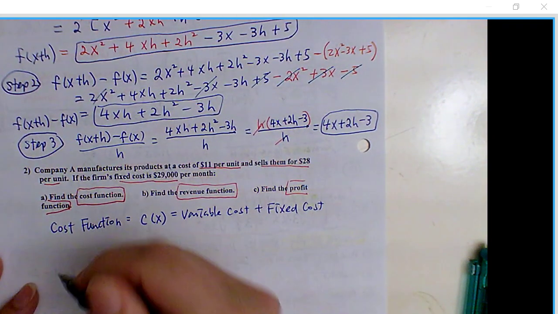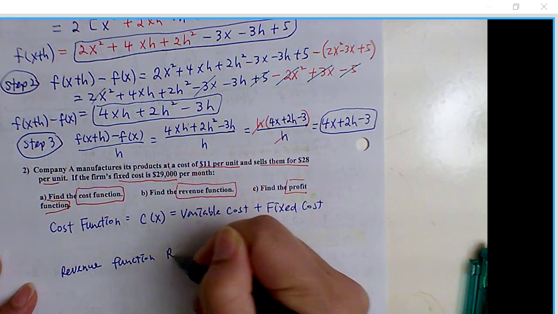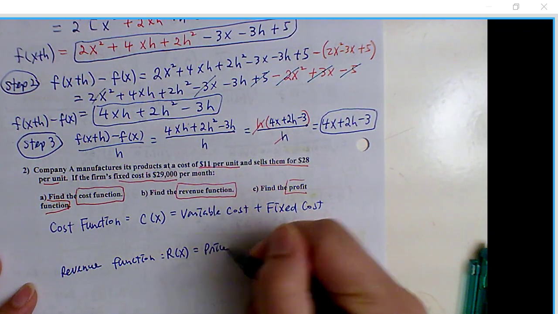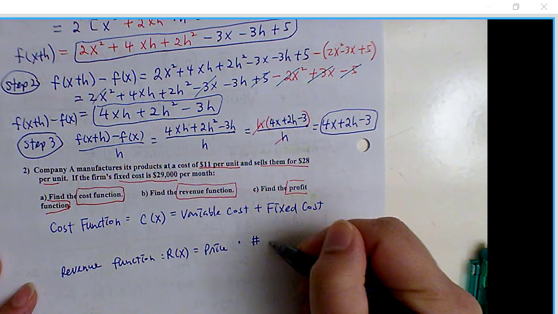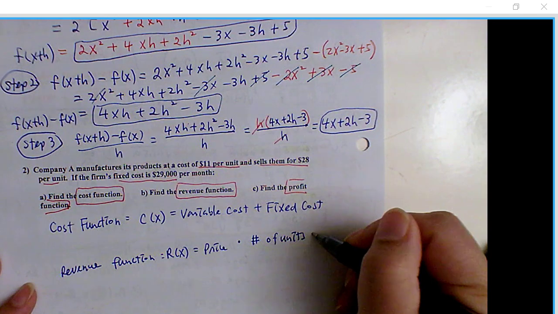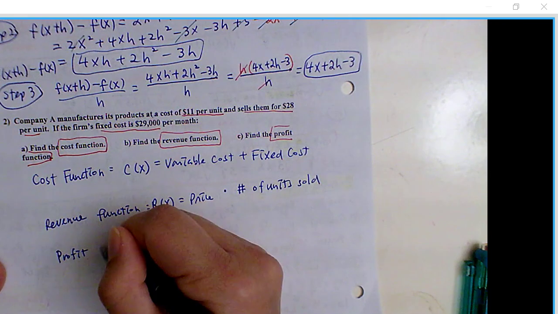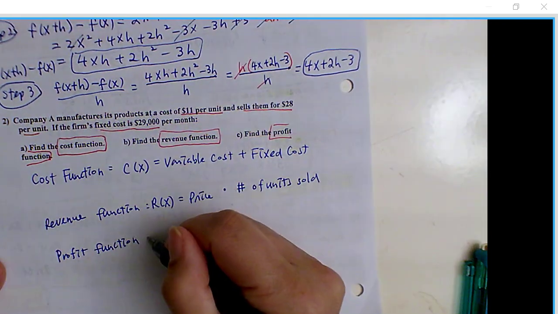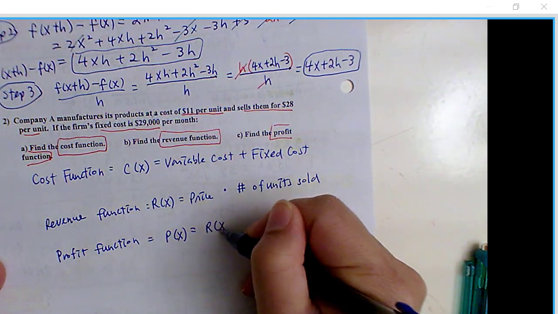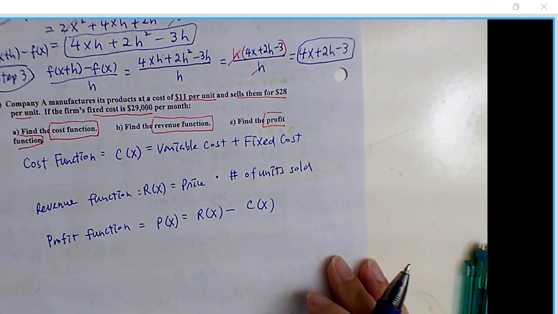And then for the revenue function, which is R of x, will equal price multiplied by number of units sold. Okay, and the last one would be the profit function, which will equal P of x, which is using your revenue subtracting your cost. Okay, so they ask for these three functions.